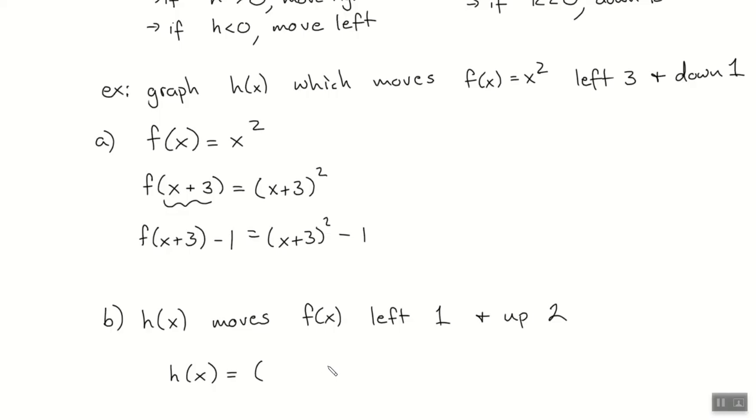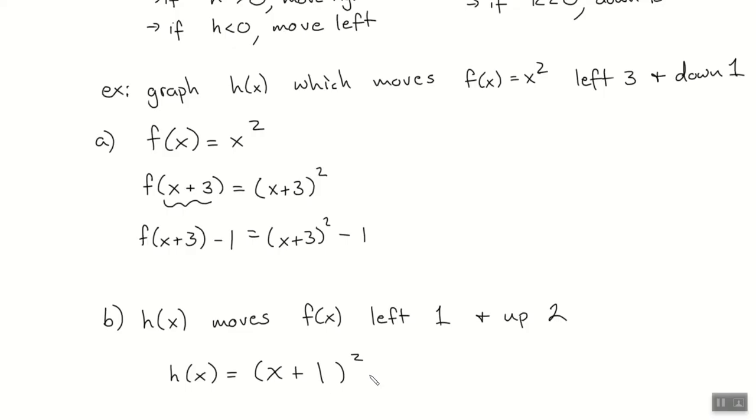Inside of my parentheses, what do I need to add to get it to go left 1? You have to add, not subtract, if we want it to move left. And I know it's super weird. What should I put here if I wanted to move left 1?